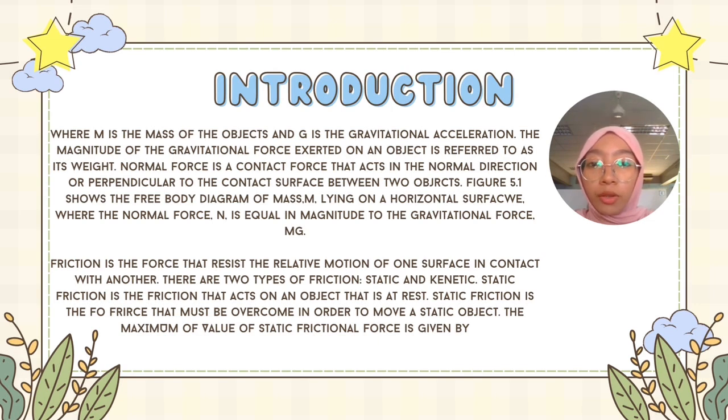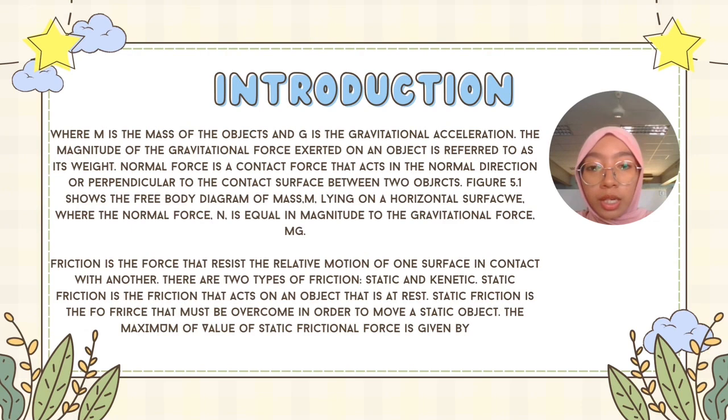Normal force is a contact force that acts in the normal direction, or perpendicular to the contact surface between two objects. Figure 5.1 shows the free body diagram of mass m lying on a horizontal surface, where the normal force N is equal in magnitude to the gravitational force mg.